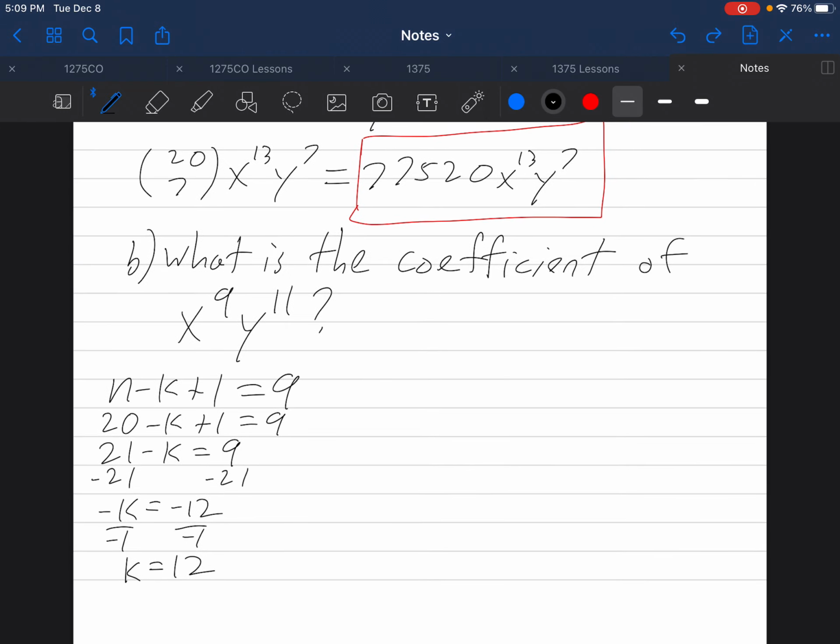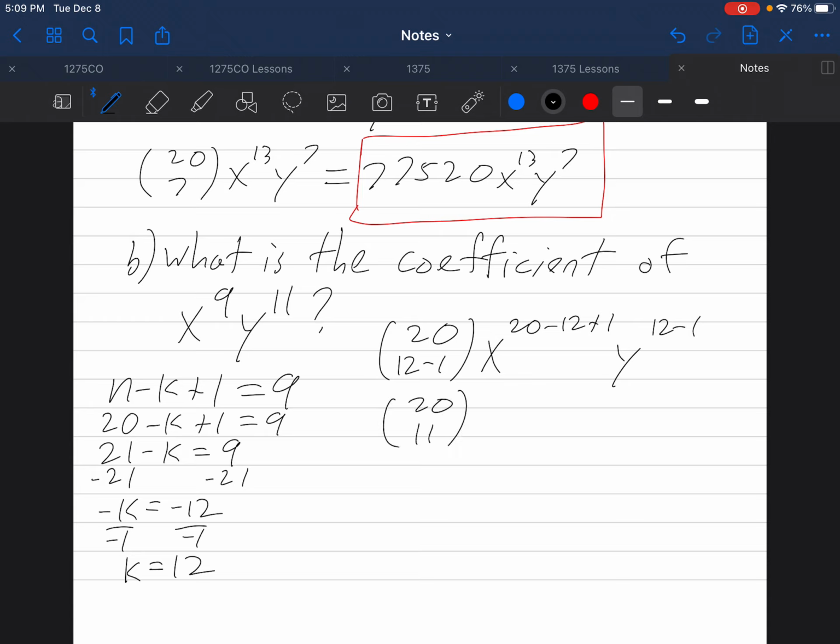So now let's follow all of our rules, which is 20 choose k minus 1, so 12 minus 1, x raised to the power of 20 minus 12 plus 1, y raised to the power of k minus 1, so 12 minus 1.